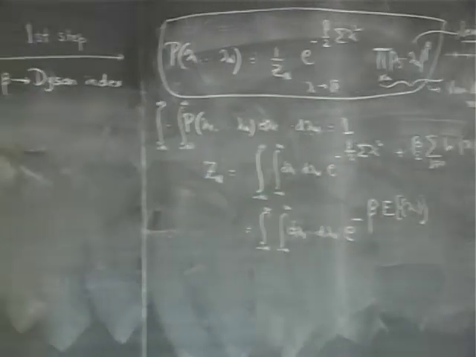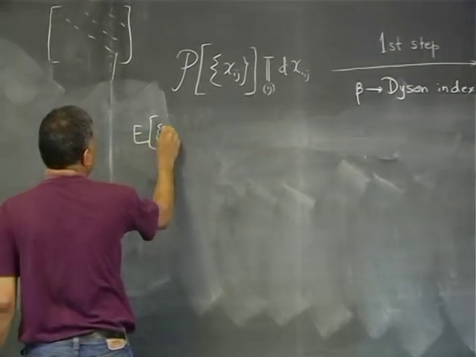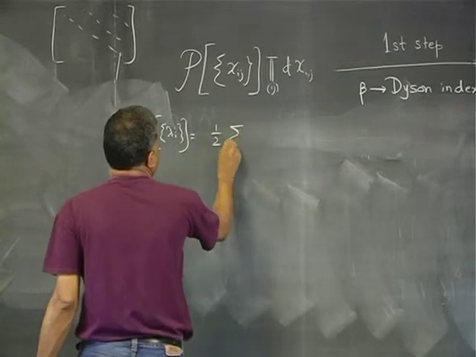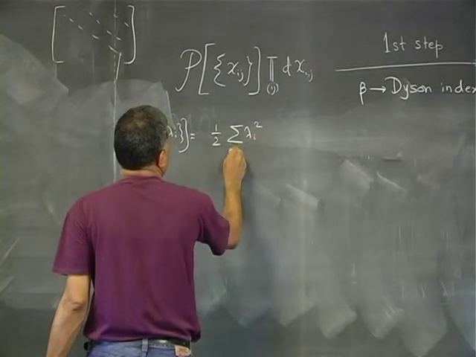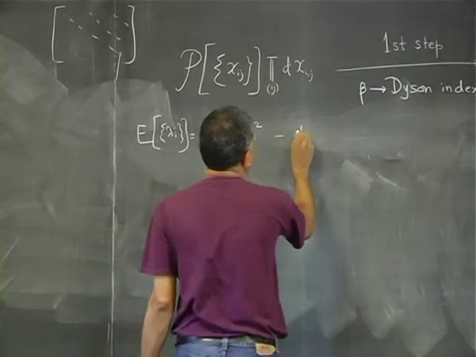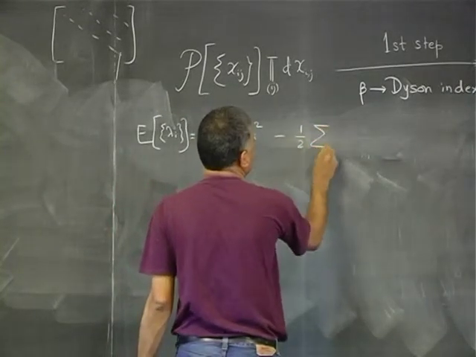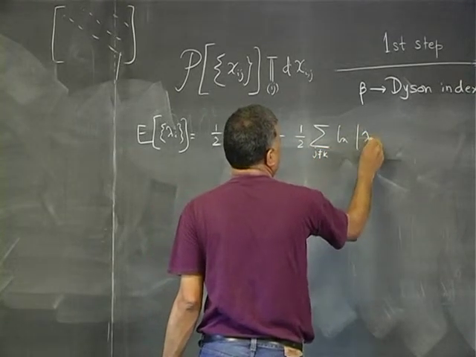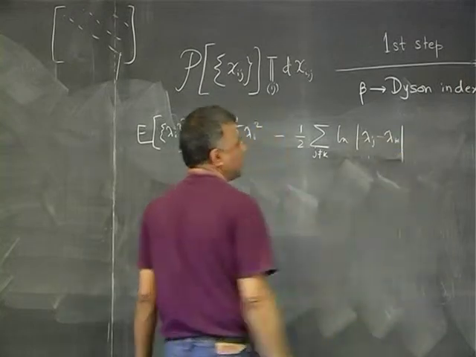It is a function of all the lambda i's, which is half times summation lambda i squared minus half times the double summation of log of lambda j minus lambda k.